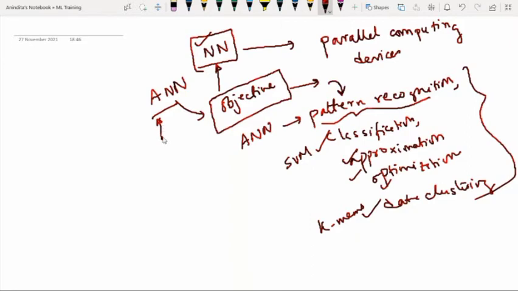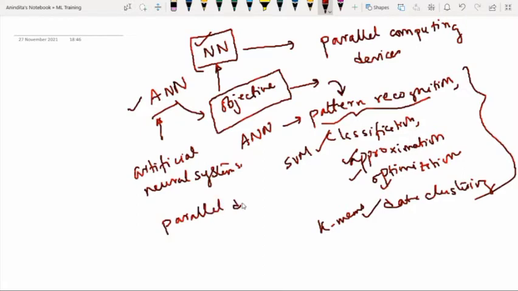And now you have to understand there are several names for ANN. ANNs are also known as artificial neural systems, or parallel distributed processing systems.